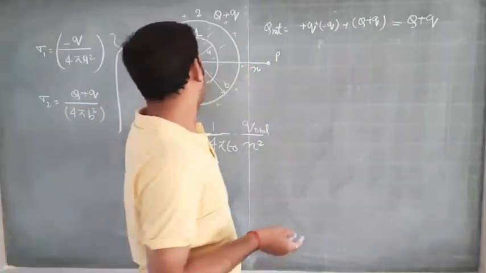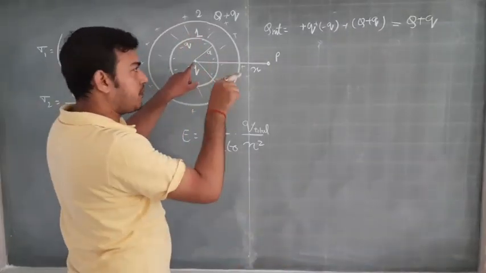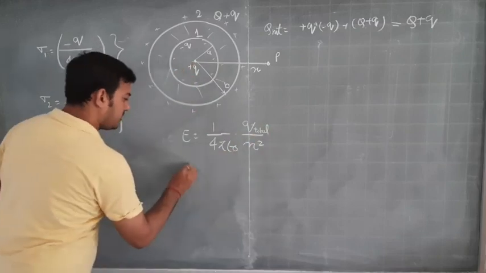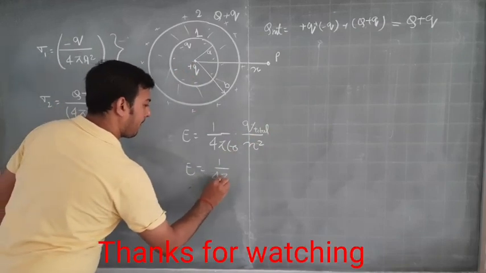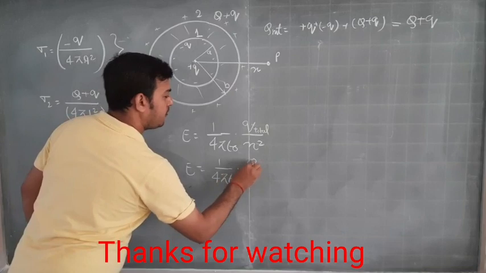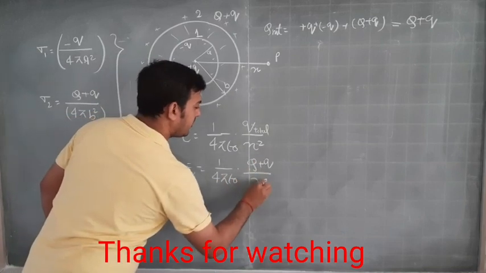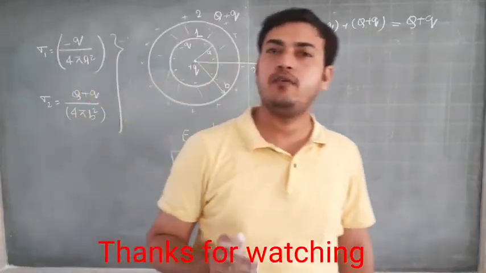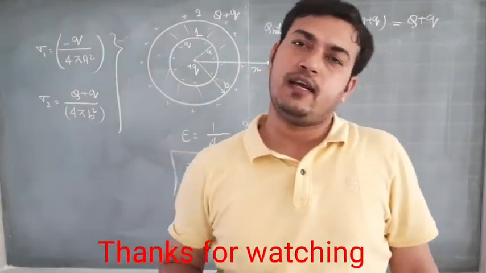So the net charge of capital Q plus small q will be effective at the center. So my field is 1 by 4 pi epsilon naught times Q plus small q divided by x squared. So we can utilize the previous concept to find out the field at different locations.